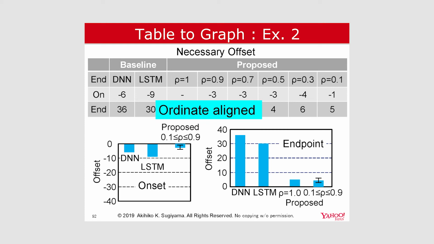They are not aligned, even though they show the same measure, values of the offset. In this figure, they are showing only negative values. In this figure, they are showing positive values. And naturally, they have some relationship between these.